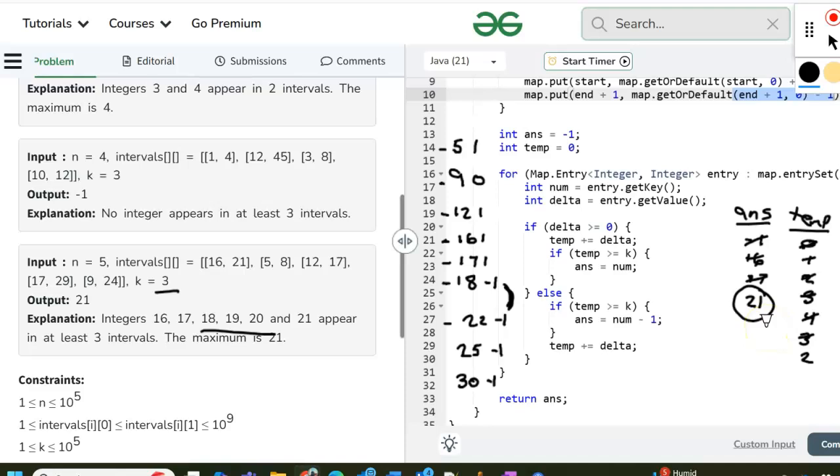There's the implementation. Let's get rid of some of this writing here and try to run this.